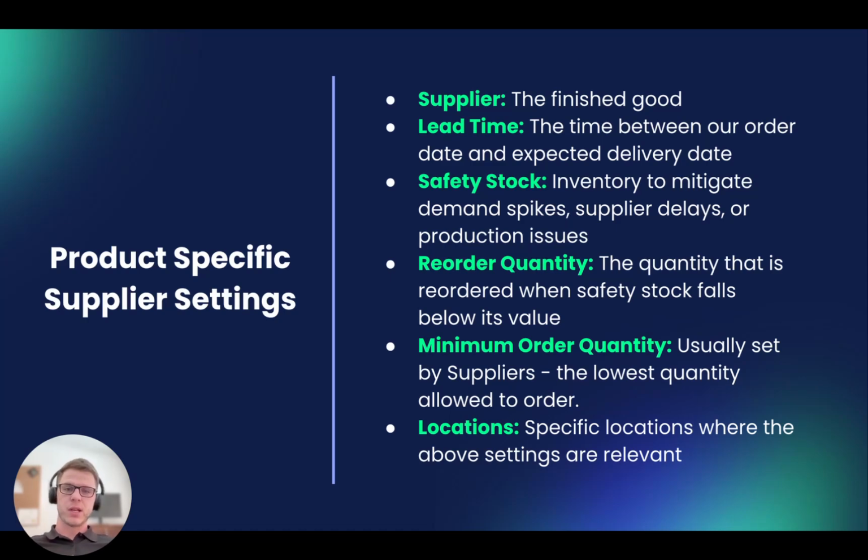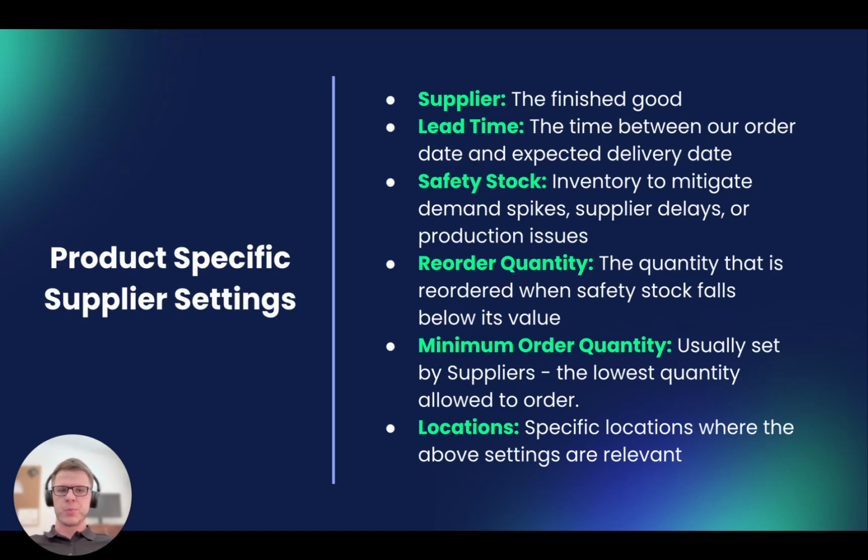And so every time that we have to place an order, we'll need to place an order for 1,000 units. Whereas if we didn't put a minimum order quantity there and my demand for that period was only 500 units, then the MRP would suggest to create a purchase for 500 units. But then, of course, if they have a minimum order quantity, our supplier is going to say, hang on, we can't fulfill this. We need 1,000 units. And so that's something that we can set up.